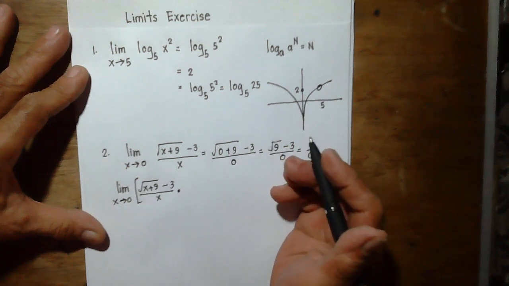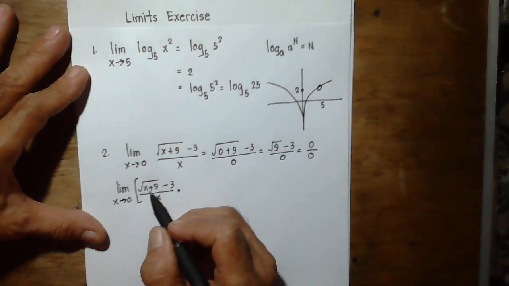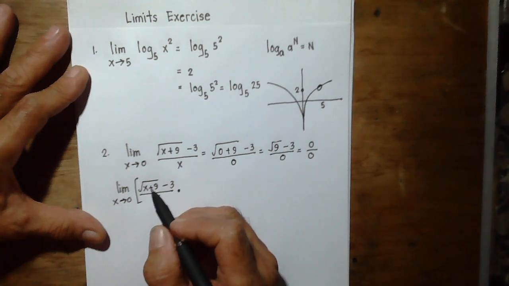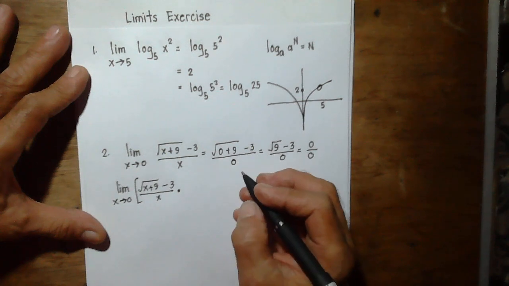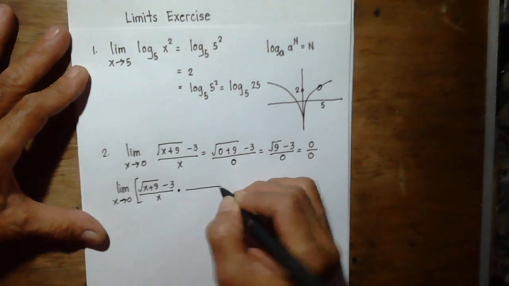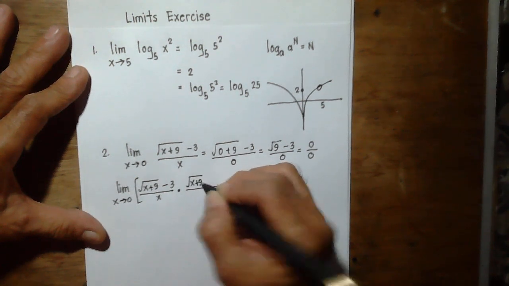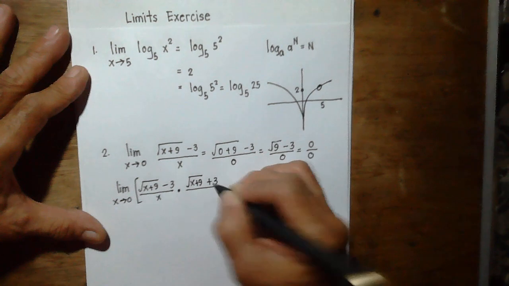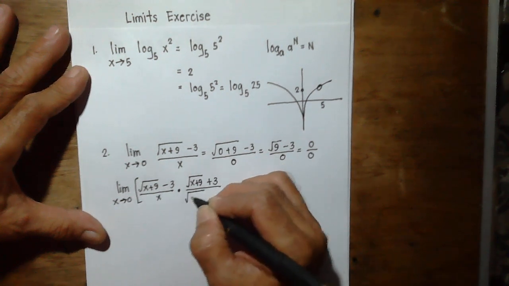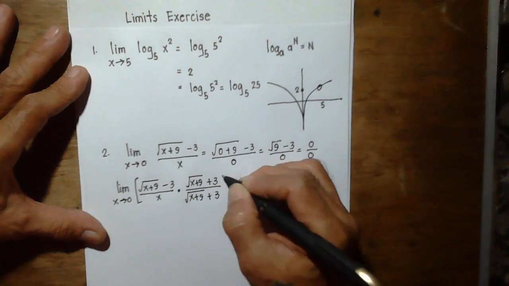So, why do we do this? Because our goal is to remove the radical symbol from the numerator. Okay? Now, we have, and this is the conjugate, square root of x plus 9 plus 3 over square root of x plus 9 plus 3.